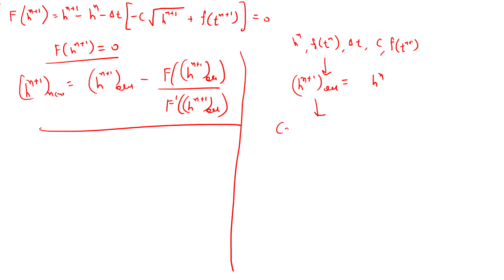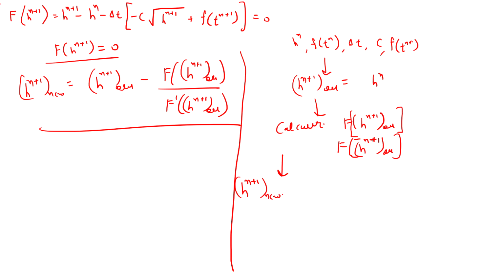We will calculate f of h_{n+1} old, and then using these values we will calculate h_{n+1} new is equal to h_{n+1} old minus f of h_{n+1} old divided by f prime of h_{n+1} old.